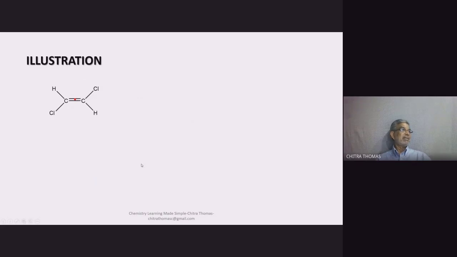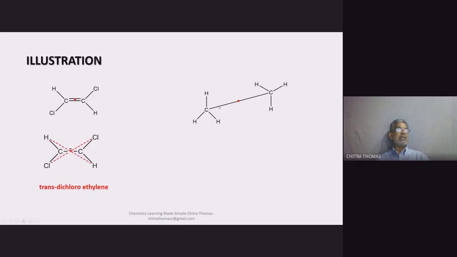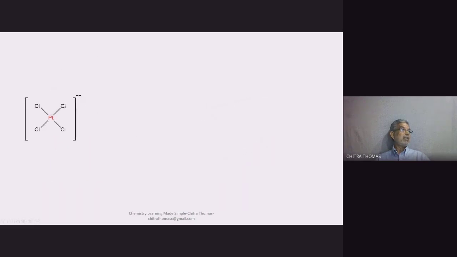Then illustration. These are all simple molecules which you can very easily identify. This is staggered ethane, so we just got an inversion center. Then PtCl4 2 minus, AB4. PtCl2(NH3)2, trans, so trans AB2C2 planar.